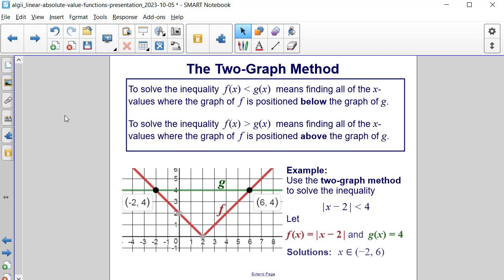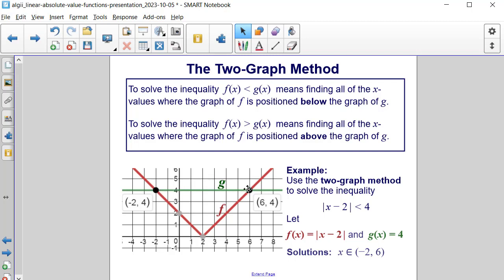We have recently gone over how absolute value inequalities are related to compound inequalities. You can also do this in a two-dimensional graph, or using the two-graph method. So to solve the inequality f of x is less than g of x means to find all of the x values where the graph of f of x is positioned below the graph of g of x. So in this graph right here, the absolute value of x minus 2 is less than 4.